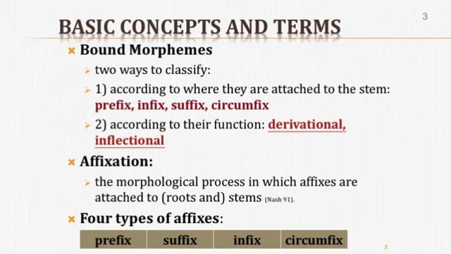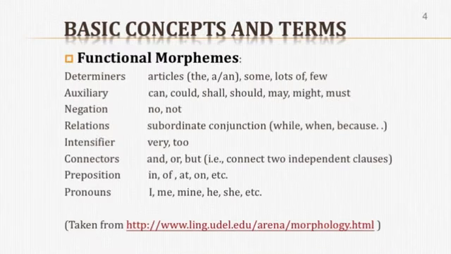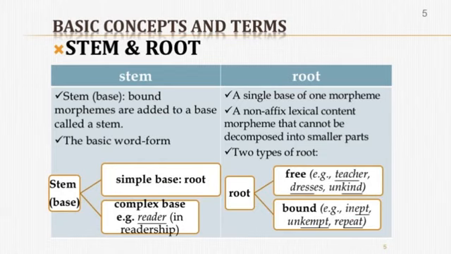stem. If this stem is a single morpheme, in other words you cannot divide it further, we call it a root. However, we sometimes have a complex base. For example, in readership we have reader and ship, but reader, as a base or stem, can be further divided into two morphemes, read and er.